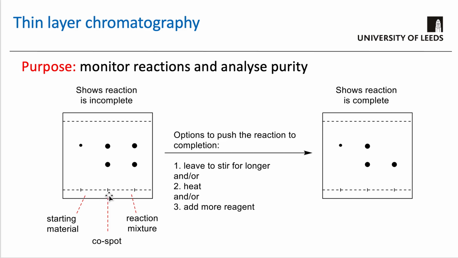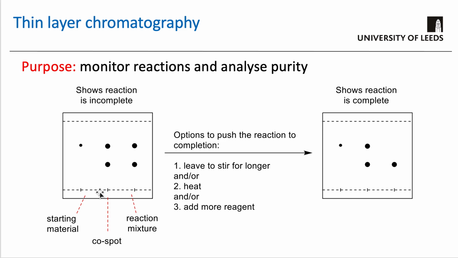And then you place that into the TLC tank, let it run up the plate, and then you analyse and view the TLC plate under UV. And what you'll see is the chemicals have run up the TLC plate, and you'll be able to see under UV spots which you can then circle to see how far these chemicals have travelled.